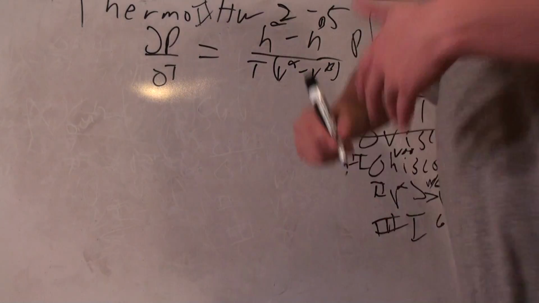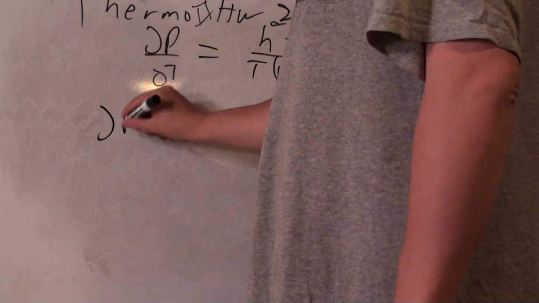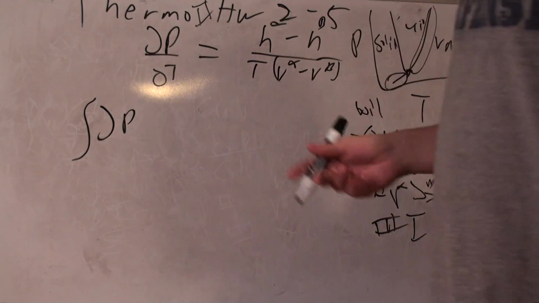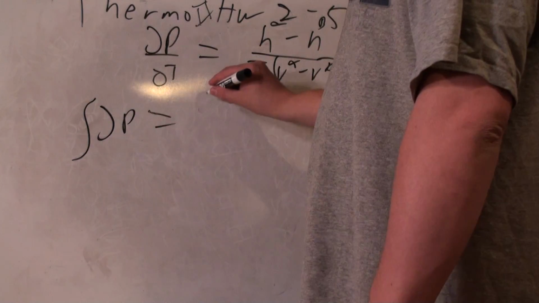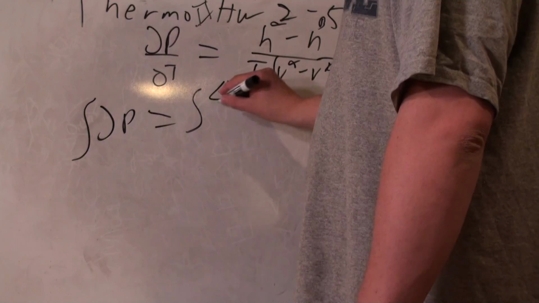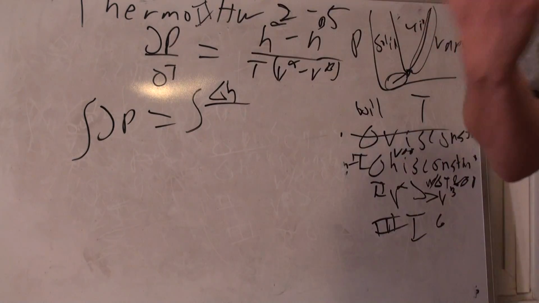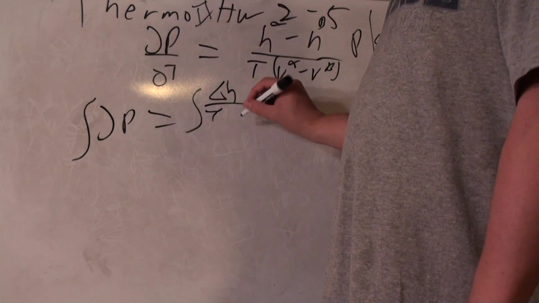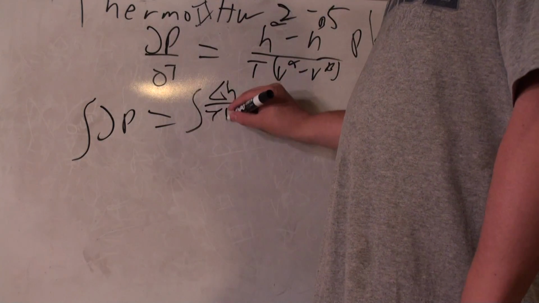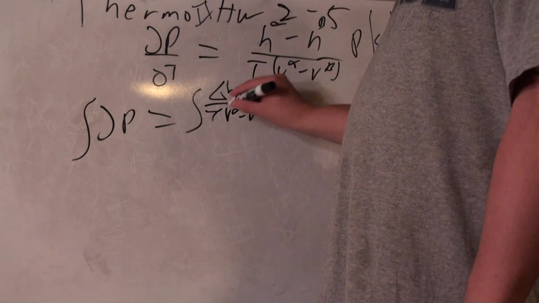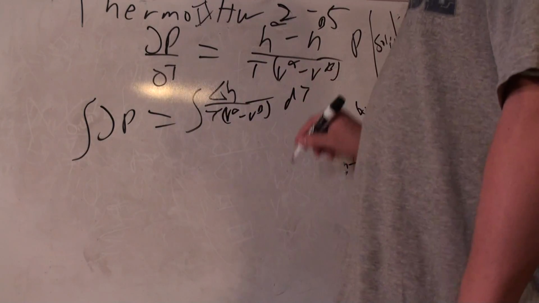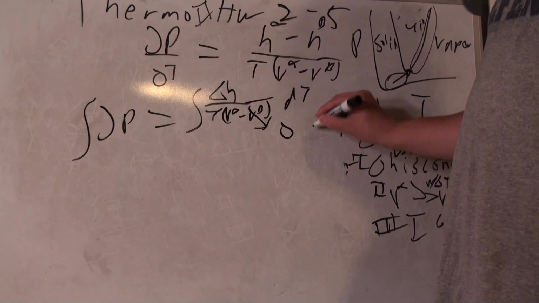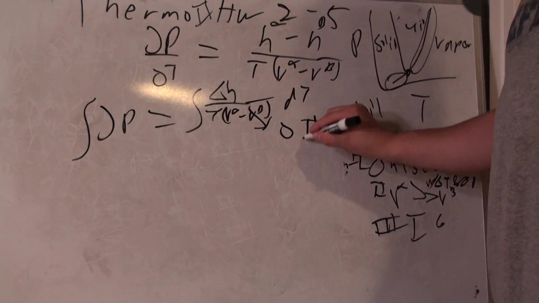Okay, so first thing I do is I separate and quote-unquote integrate, but I'm not actually going to integrate yet. Okay, so I got dP equals delta H, and it could be sublimation or vaporization, over T times (V alpha minus V beta) dT. Okay. Well, first off, I know that V beta is 0 in both cases because of assumption number 2.